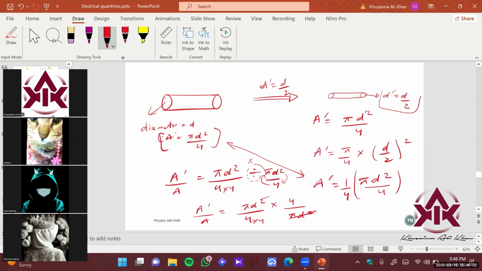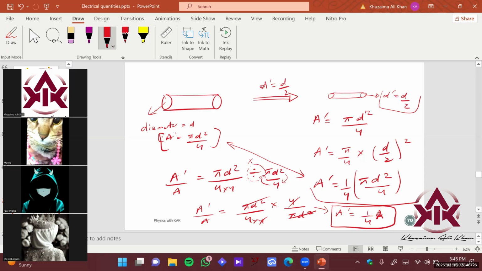So this cancels out, this cancels out. So you have the following relation now: A bar equals 1 upon 4 A. The new area is now reduced to 1/4 of the actual area.